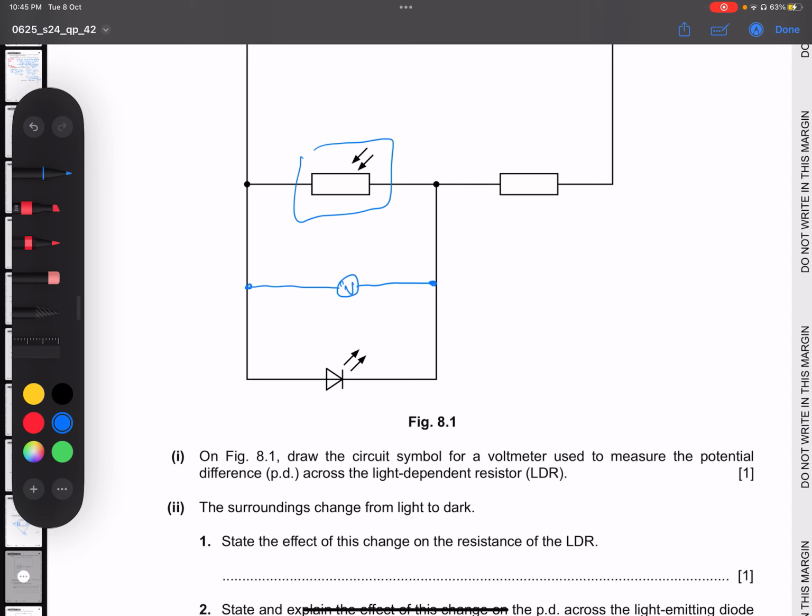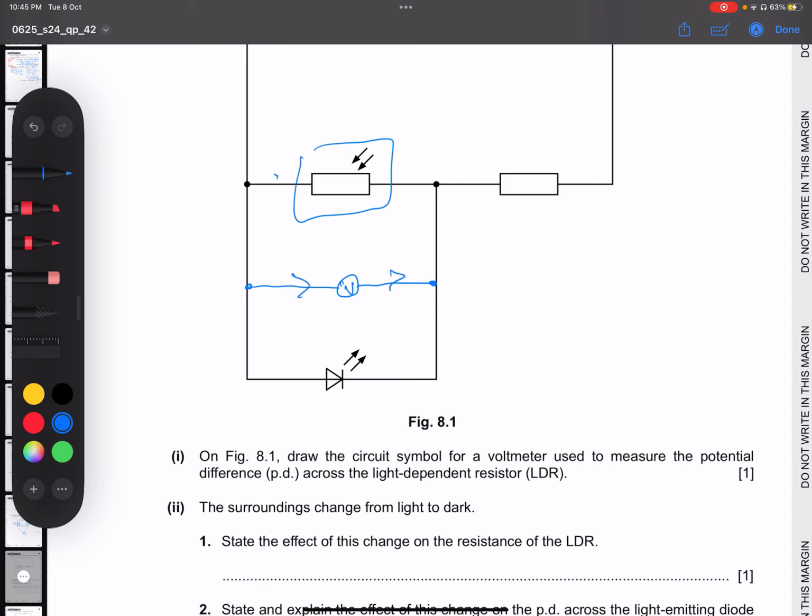A theoretical voltmeter has a very high or infinite resistance, which prevents any current from passing through this coil. The current only passes through these two coils.